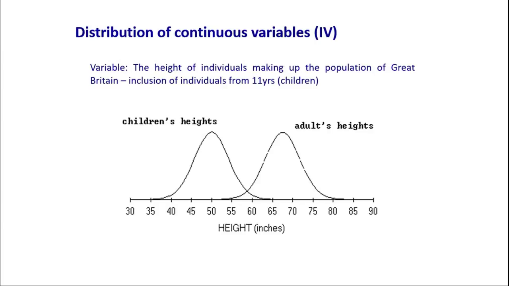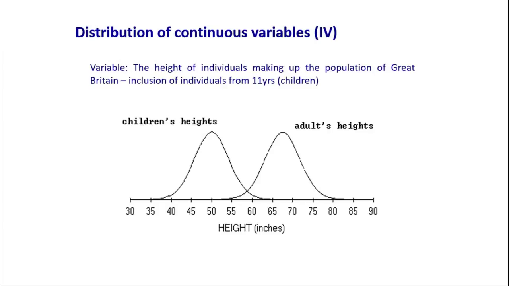Now here we've got children's heights and adults' heights. Don't worry about the distributions looking like they've got the same height in terms of the shapes of the curves. They're the number of values that are falling within those areas, remember.